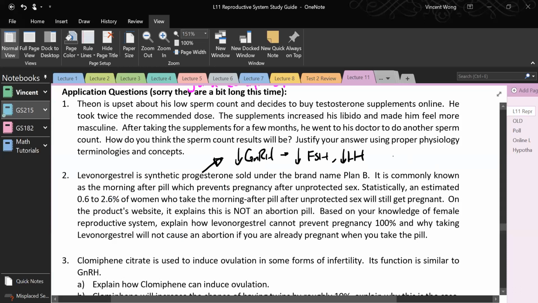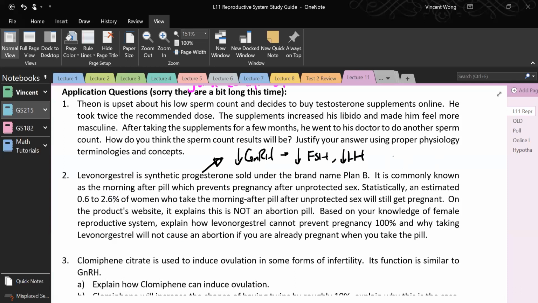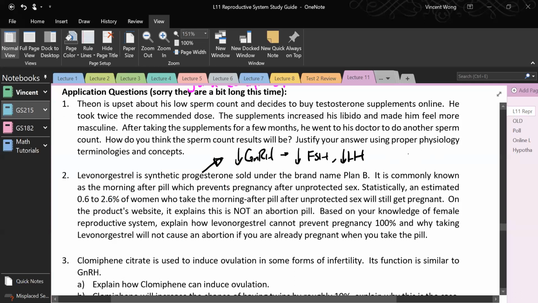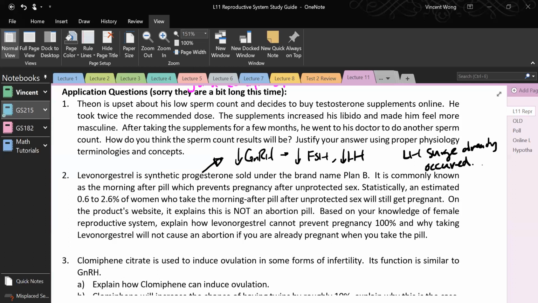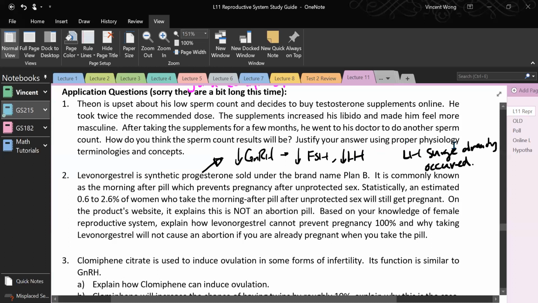So if the person already had an LH surge, and then had unprotected sex, then taking this will not help, because following the LH surge, ovulation would have taken place.